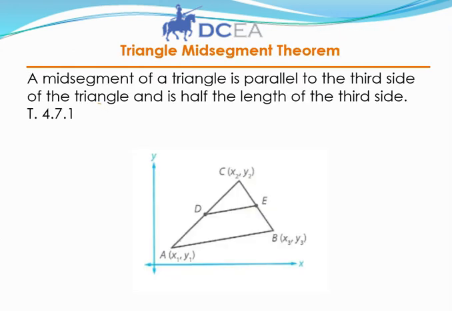From the comparison of example 1 to example 2, we can now state the triangle mid-segment theorem. A mid-segment of a triangle is parallel to the third side of the triangle and is half the length of the third side. So, if you have DE, it will be parallel to AB, and DE will be half of AB.